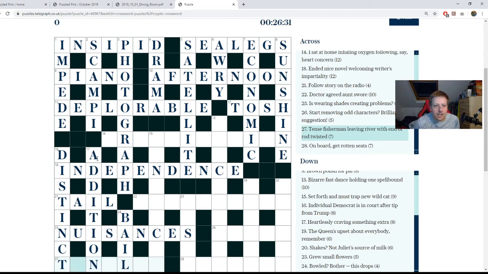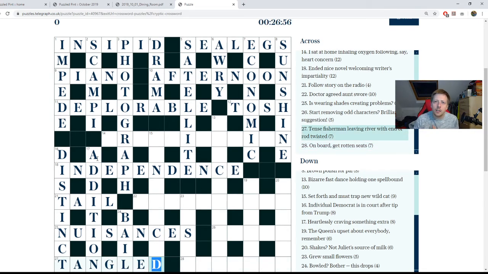Right, people are saying tangled. Okay. Why are we saying tangled? Tense. Oh, tense can be T, can it? Why can tense be T? A fisherman would then be an angler, leaving river, take off the R, so it's tangle, and then end of rod is D. For tangled, why can tense be T? Is that a grammatical thing?